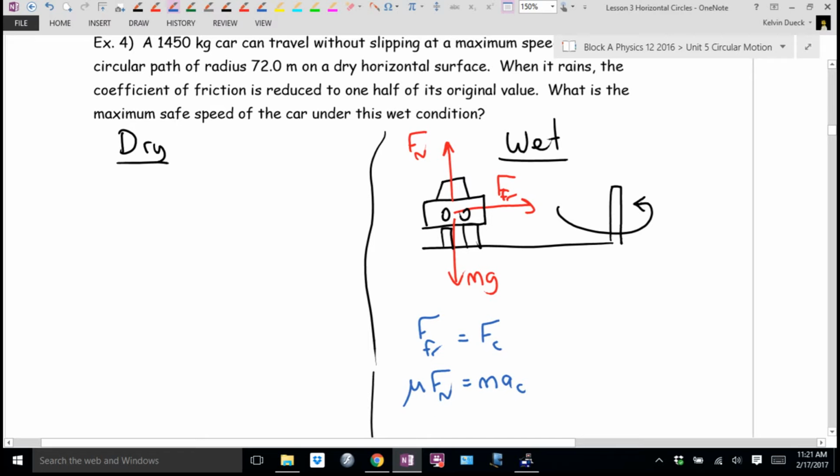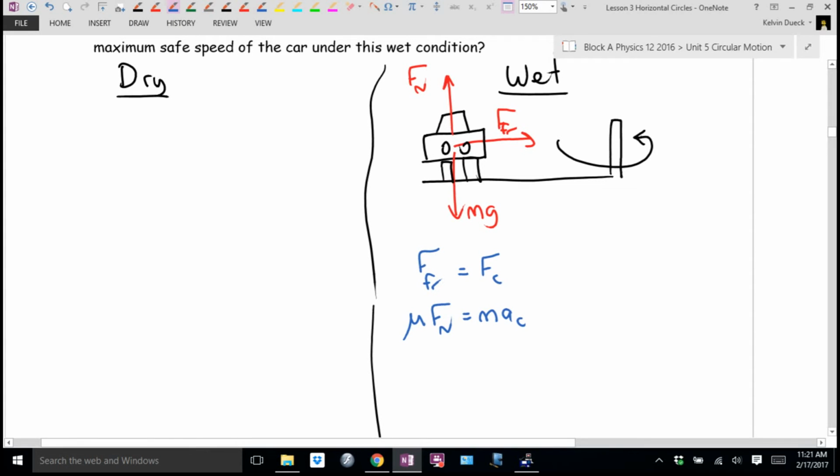Friction is mu times the normal force. Centripetal force is mass times a_c. Which version of the acceleration am I going to use, the one with the period or the one with the speed in it? I'm going to use mv squared over r. And friction is mu times the normal force, which I don't know.